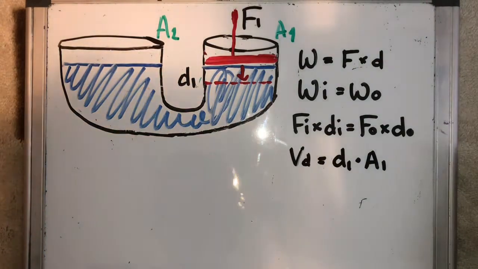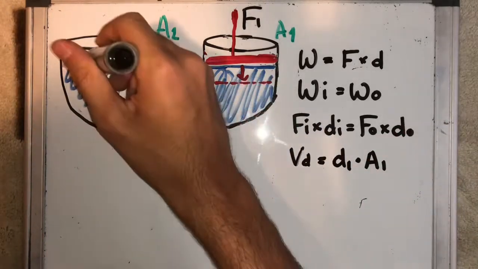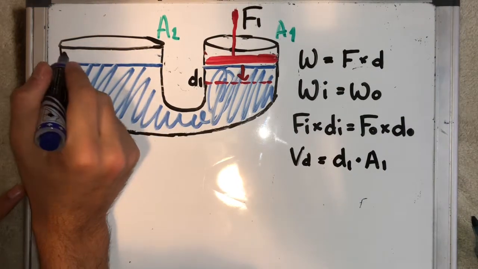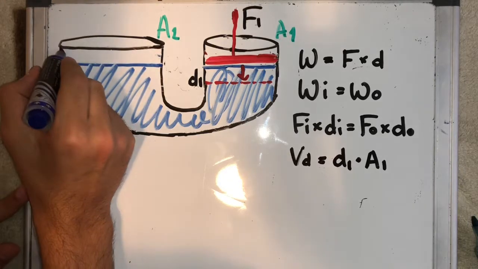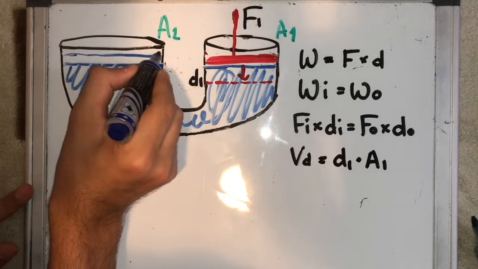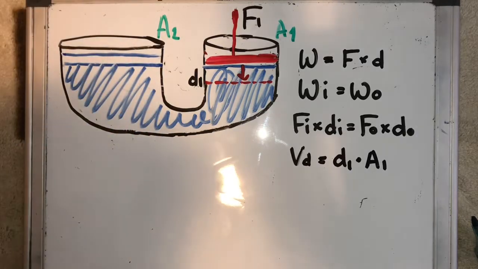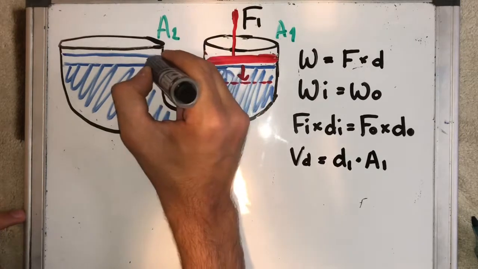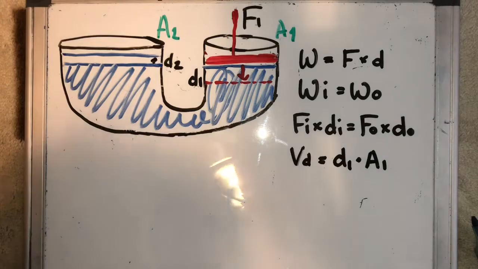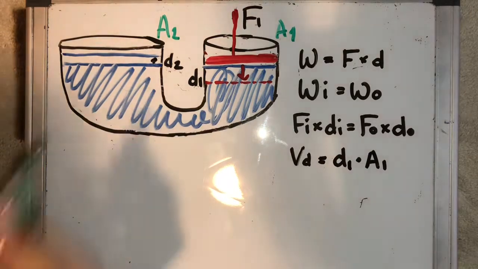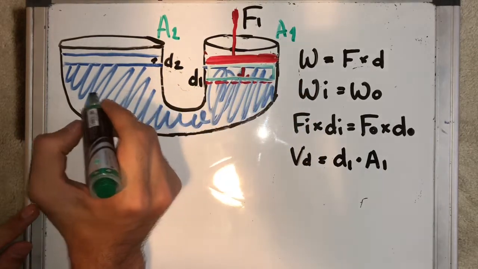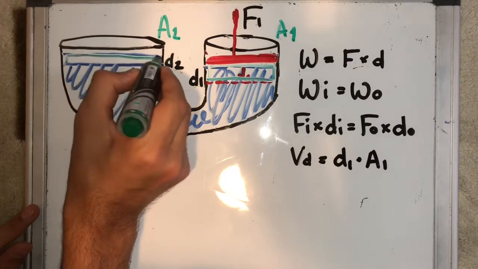But since the liquid is incompressible, we know that it has to come out somewhere else. So all the volume displaced needs to go out somewhere else. We can identify that the liquid will rise to some level on the other side, and we will label the distance that it rises as D2. The volume that you're pushing here is the same volume that goes up on the other side.